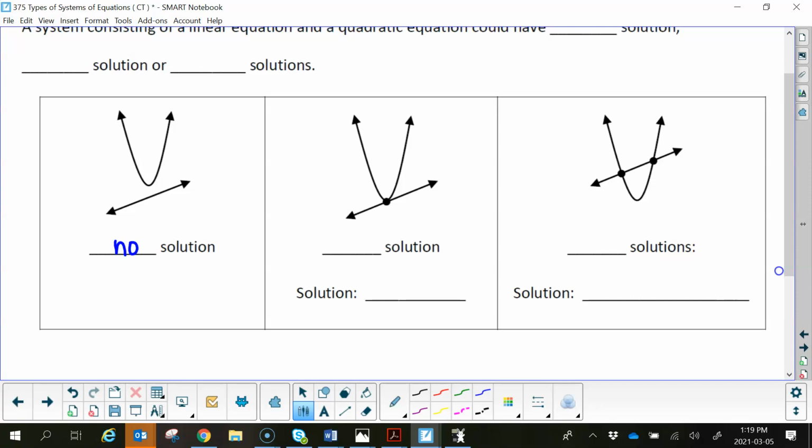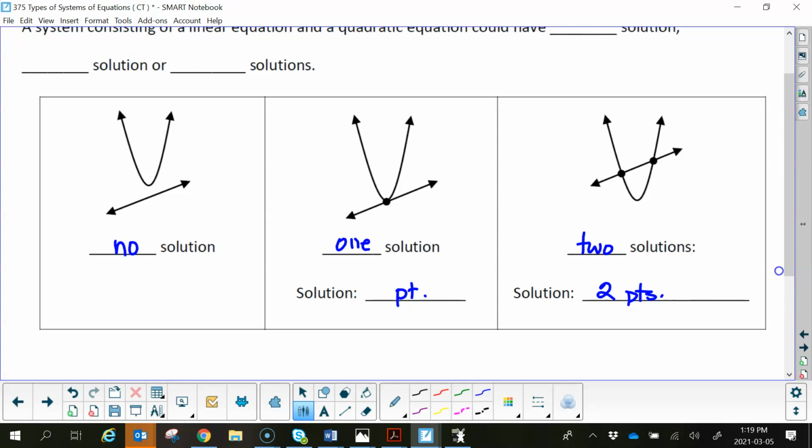Here, this is intersecting, so this is one solution, and it's a point. And then two solutions, and they're two points. Remember, you use ordered pairs.